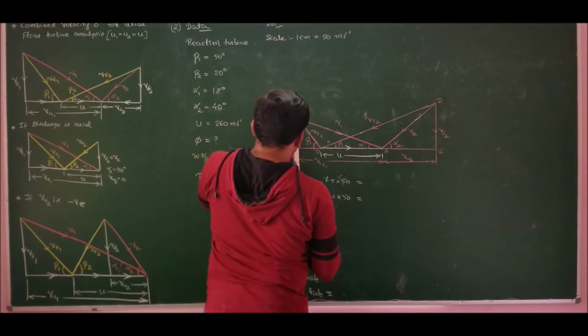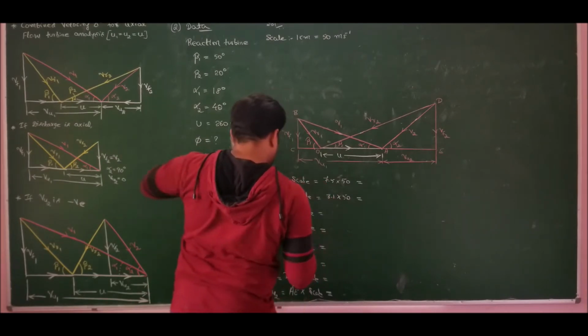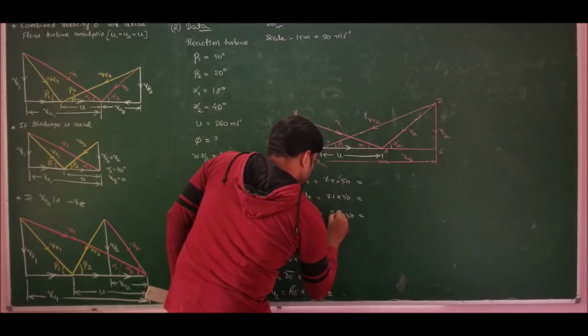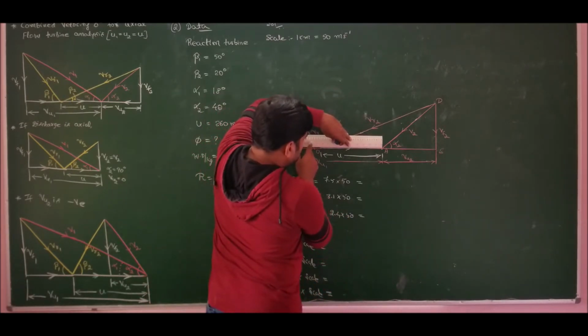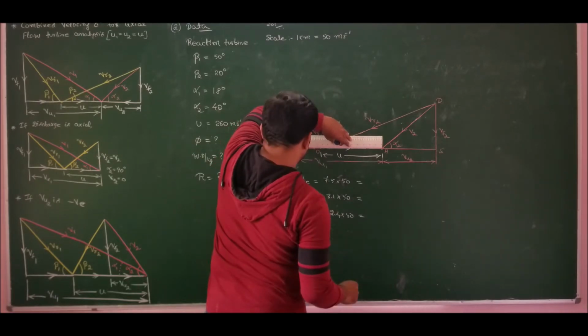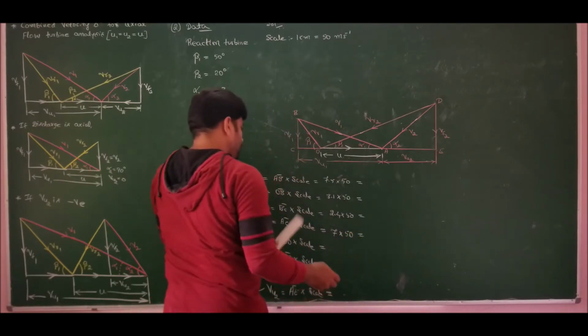Similarly, VF1 is 2.4 centimeters into scale 50. If I measure VU1, it is 7 centimeters into scale 50.